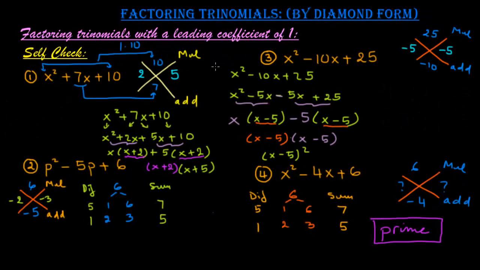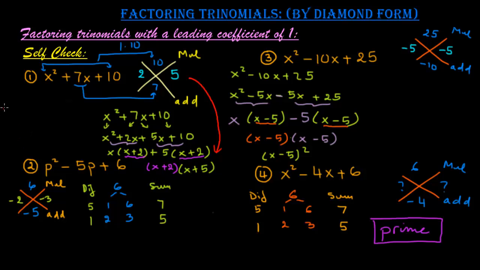So we already went over 2 examples and 4 cell check. Now I want to point out a really interesting fact, I believe. Let's go back to example 1. Our diamond form is 10, 7, and the pair is 2 and 5. And look at the final answer: x plus 2 times x plus 5.